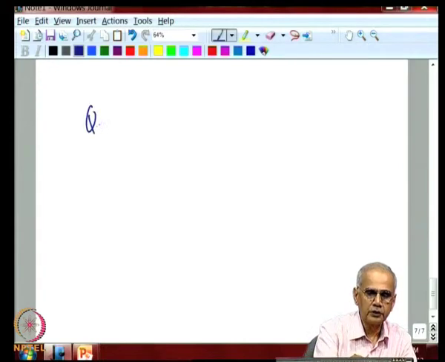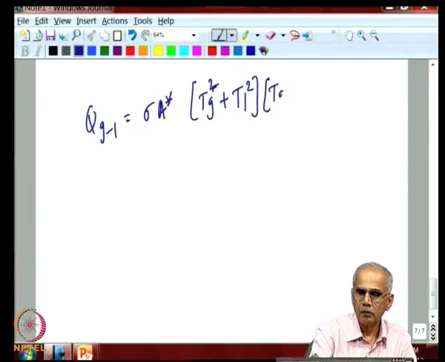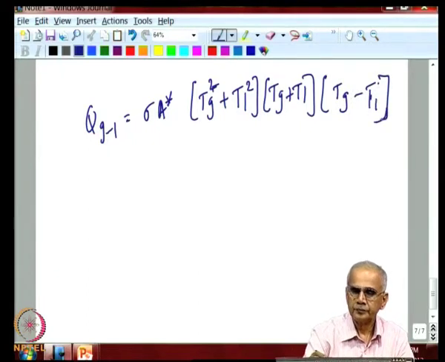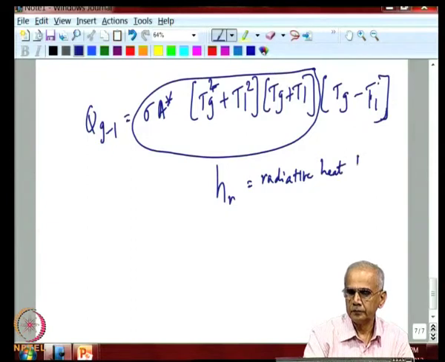This Qg to 1 can be written as, so you can treat this quantity as HR, a radiative heat transfer coefficient.